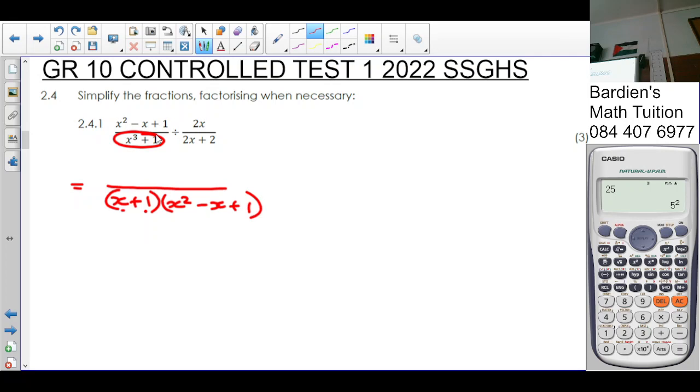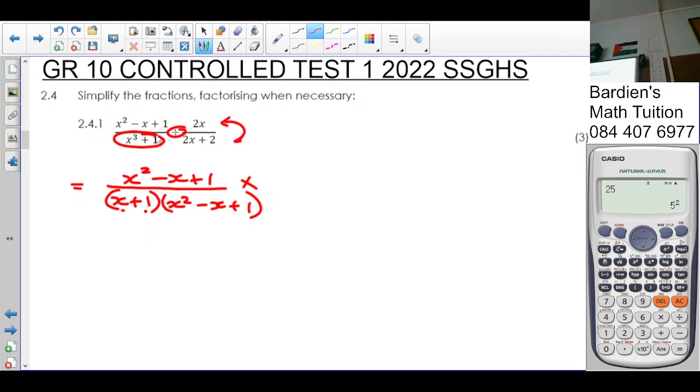Do you see the second bracket in the numerator of the first fraction? You see that? And what did I tell you about this here? This will never be able to factorize. But many of you go and you factorize this numerator on top. But anyway, change that to multiplication, tumble and times.